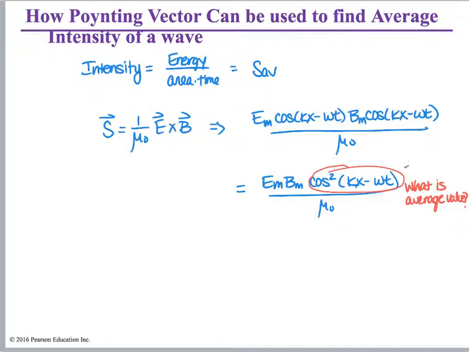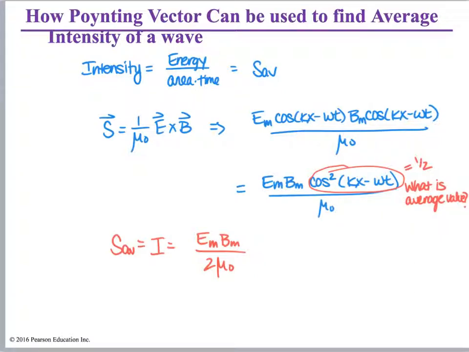So the average value of that is 1/2. So S average, which is the intensity, can just be written as E max B max over 2 mu naught. And that's how we find the average value, or the intensity, of the wave.